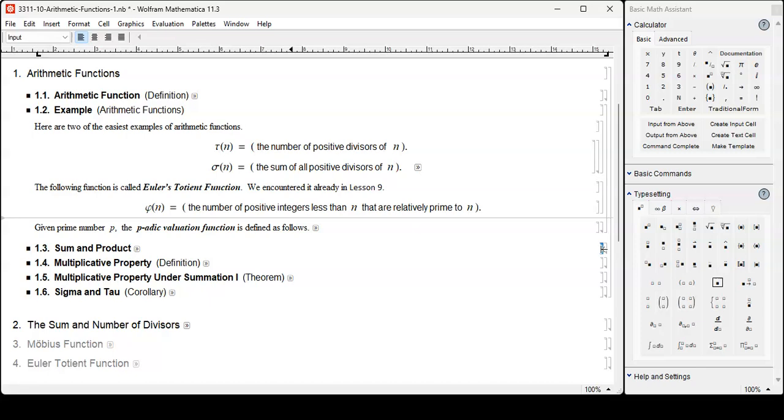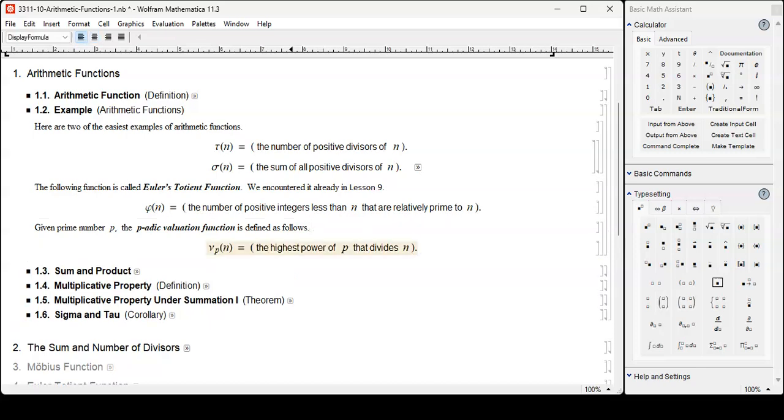Finally, another example here. Given a prime number p, the p-adic valuation function is defined like this. Nu p of n is the highest power of p that divides n. What does it mean? Well, if you do the prime factorization of n, and yes, you can do that uniquely thanks to the fundamental theorem of arithmetic, then n can be expressed as a bunch of prime factors to some powers.